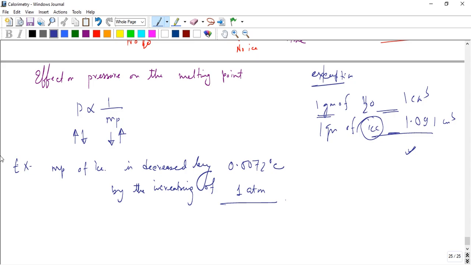Next concept, besides the effect of pressure, is impurities. That's very important. If impurities are added to the substance, what happens at the melting point?